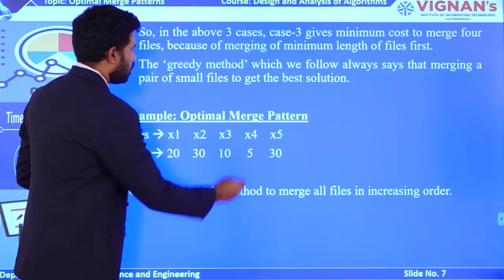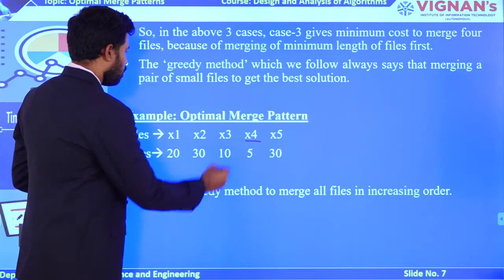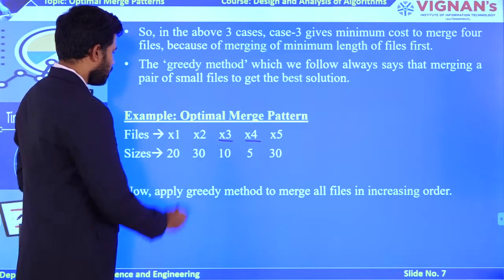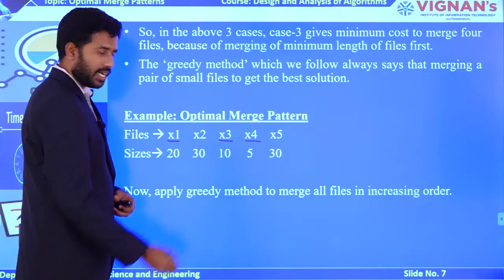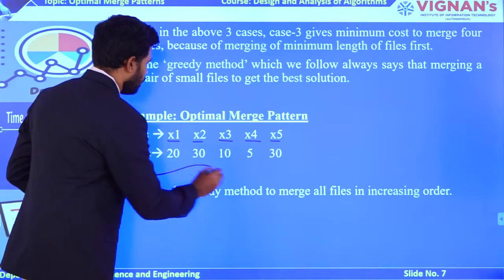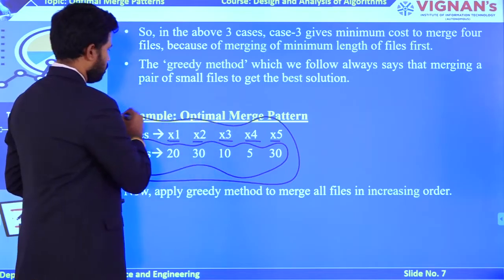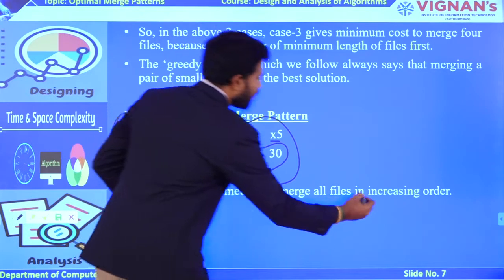So at first you get the least file size, which is X4. Next you get X3. Okay. Next you get X1, and next you get X2 followed by X5. So based on the sizes only, I am converting my given order into increasing order.